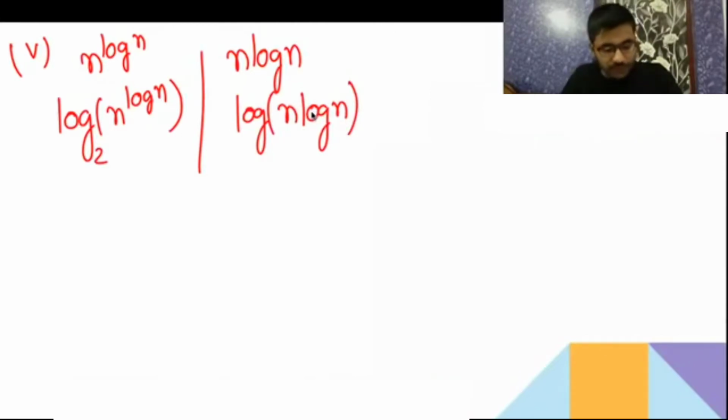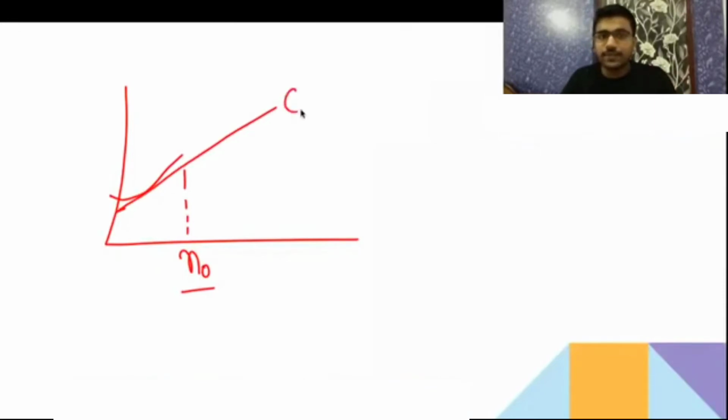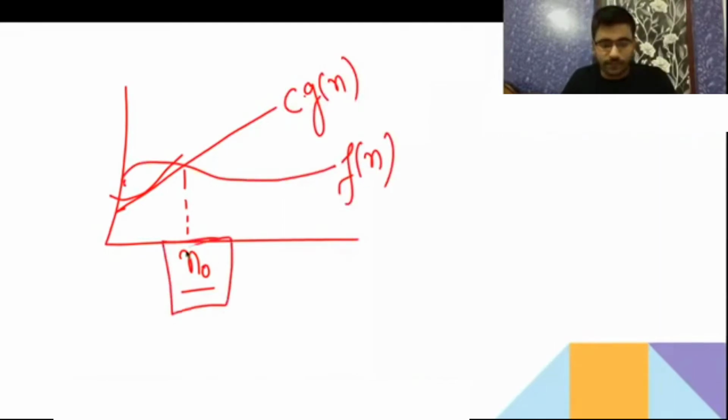If you take the small value, then the result is going to be wrong, because you know that asymptotic notation is saying that after some value n naught, and n naught is always going to be some bigger value, only then the c g n function is going to be greater. So this is going to be some bigger value. That's why we always take the bigger value of n.